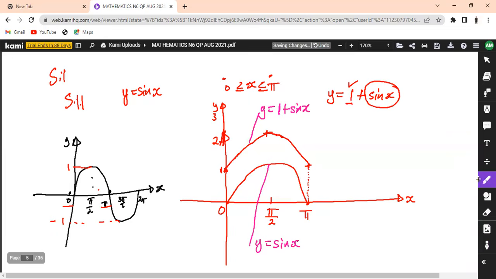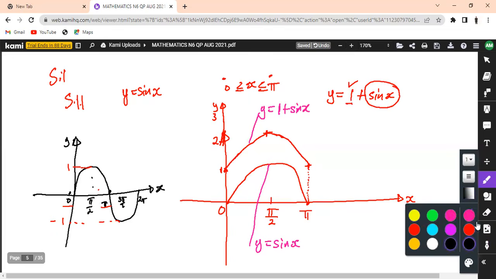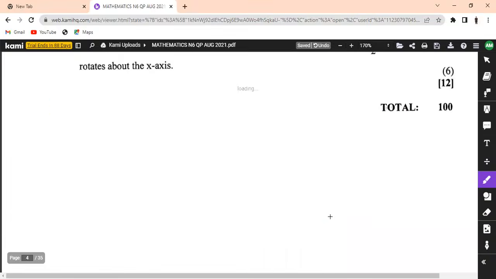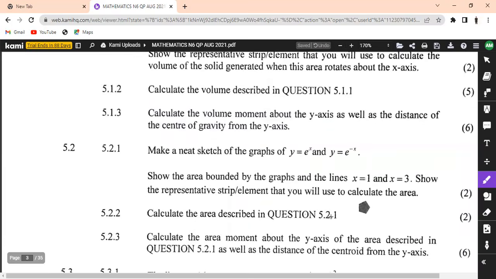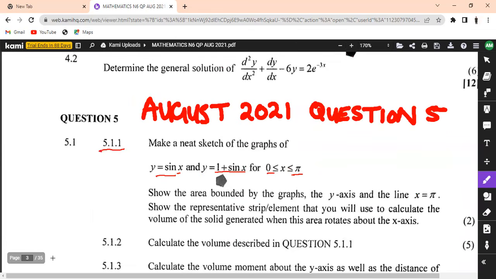So let's get back and see the region where we are supposed to indicate the area. We are given that after drawing this, show the area that is bounded by the graphs, between the y-axis and the line x equals pi over 2, and the representative strip that you use to calculate the volume generated when it rotates about the x-axis.